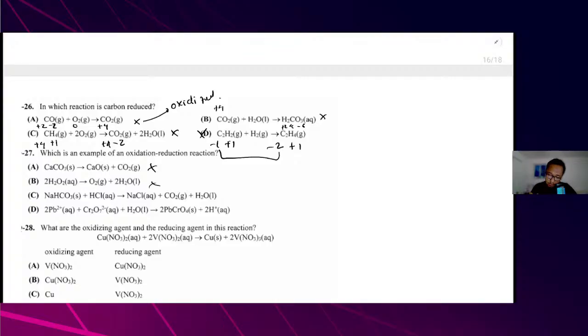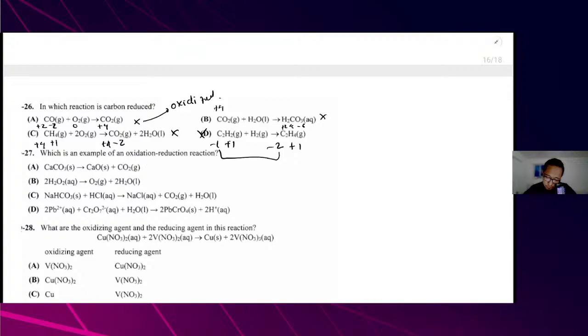Yes, how about this one? This is solid, aqueous. Okay, let's see. I'm pretty sure about the example, but let me see first.